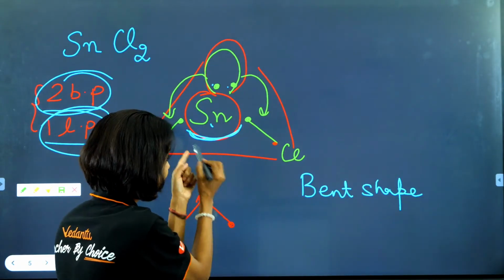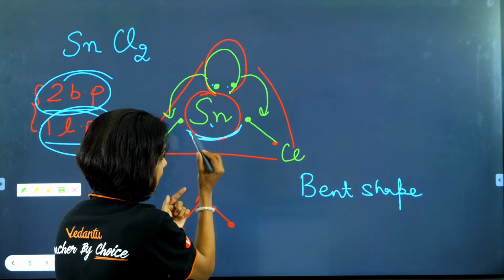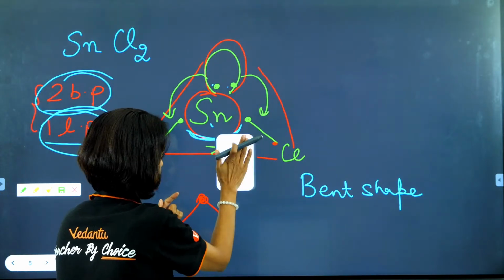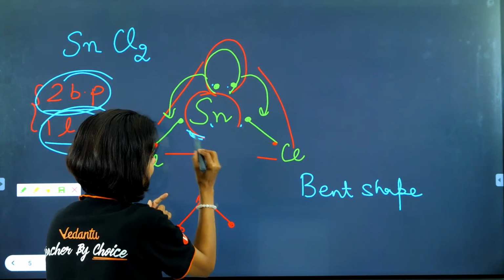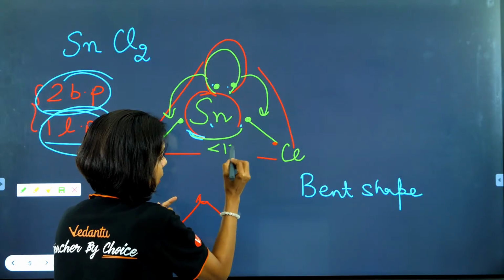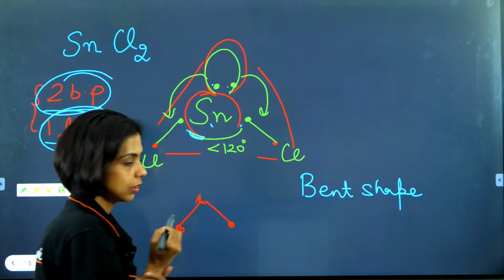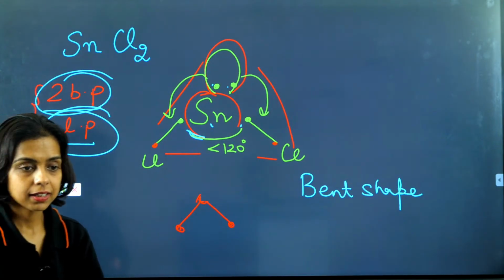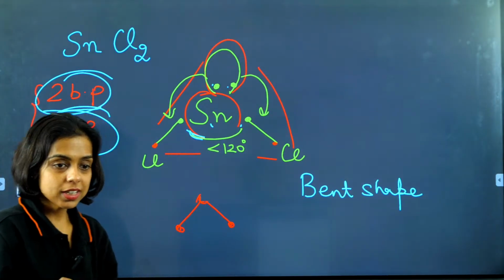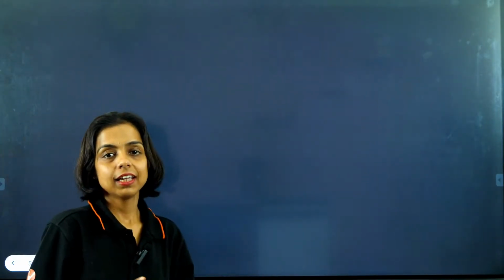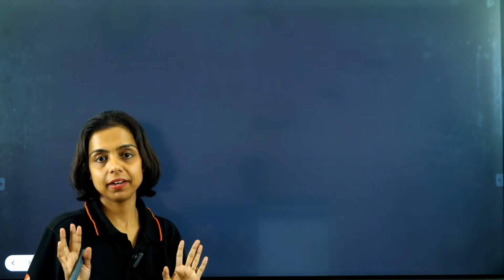So this angle decreases, it will become less than 120 degrees. Got it, guys? So this is V shape, bent shape when you have 3 electron pairs, but out of 3, 1 is a lone pair and 2 are bond pairs, right?